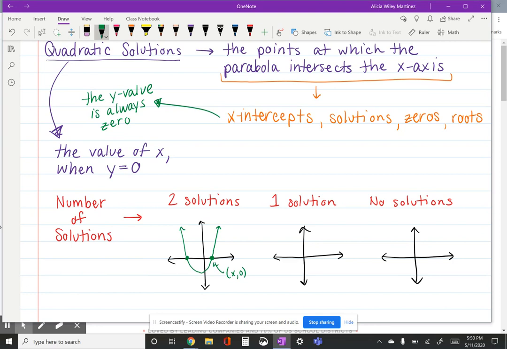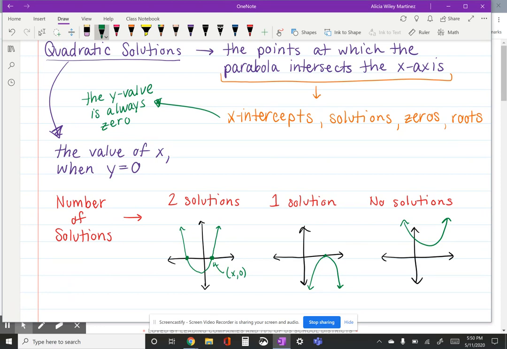One solution would be something that approaches the x-axis and sort of touches it, and then comes right back down. Something that looks like that. No solutions is what you might want to call a floating parabola, where it never ever crosses the x-axis. So those are the number of solutions that you can obtain.